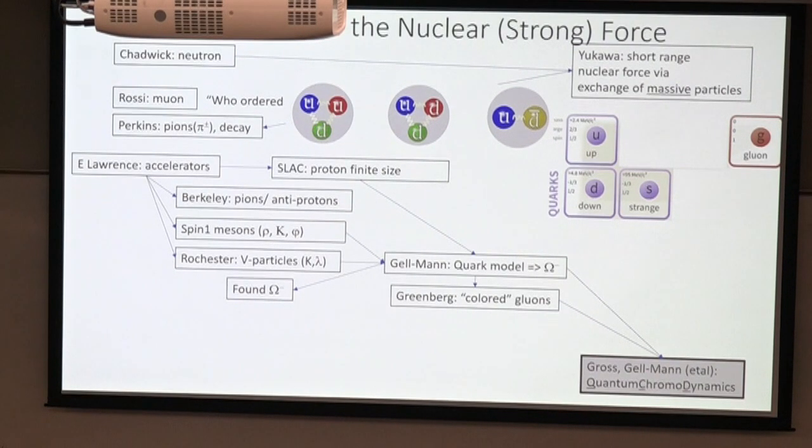But this guy here, Bill Gross and Murray Gell-Mann and a bunch of other people, they take that theory that Feynman put together, quantum electrodynamics, and they call it quantum chromodynamics. They call it chromo because there are colored gluons. I figured that sounded a whole lot better, because if it was quantum electrodynamics, it should have been quantum gluodynamics, but that didn't sound so good.